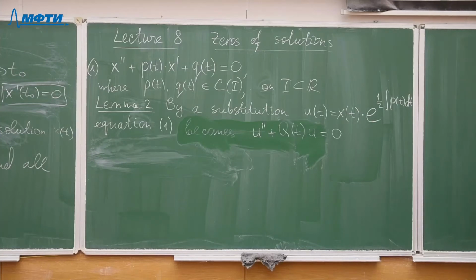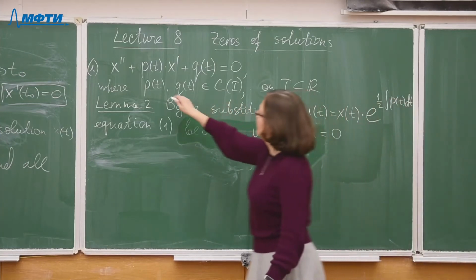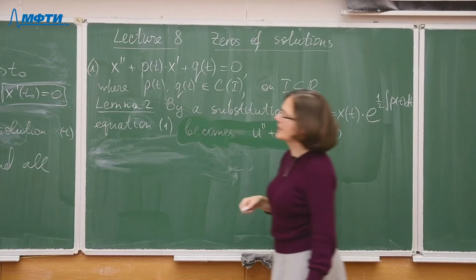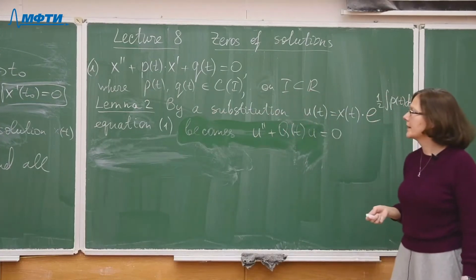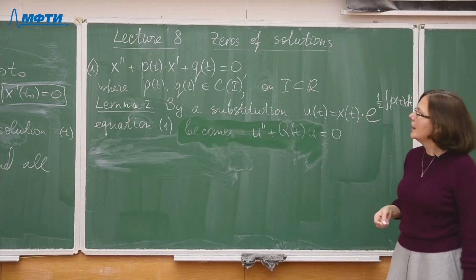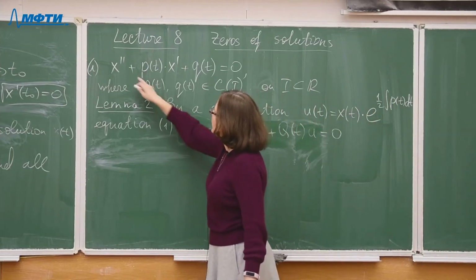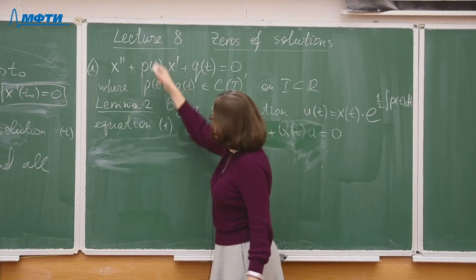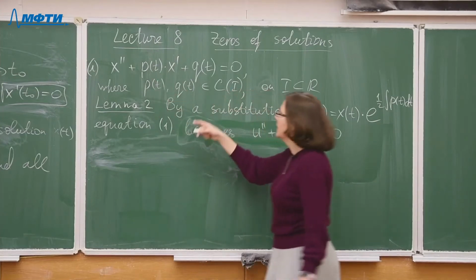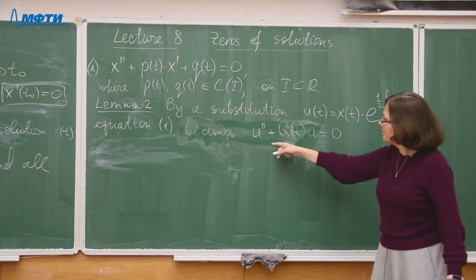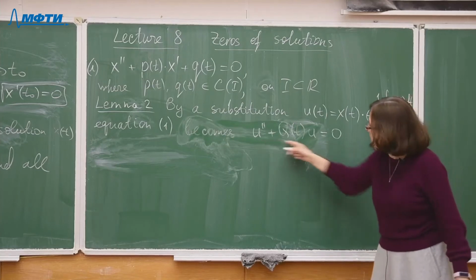So it is possible to eliminate the second term. This substitution reduces the second term to 0, and our equation has this form.